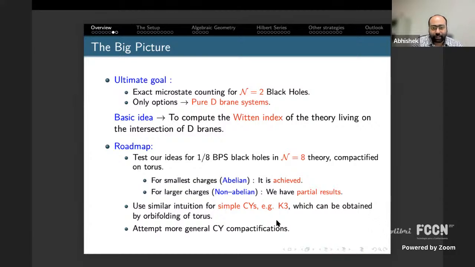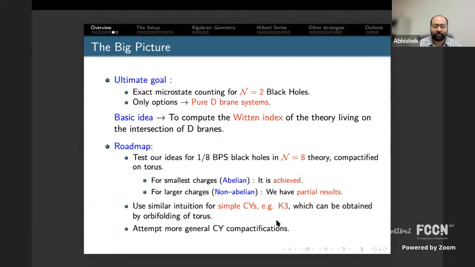But we will of course not directly go and do the N=2 theories. It is quite complicated, and we have not done it. So what we have done essentially is to try it for 1/8 BPS black holes in N=8 theory, where we actually know the answer for torus compactification.